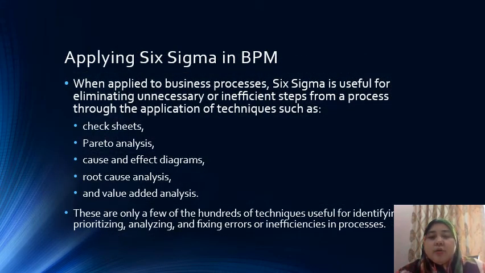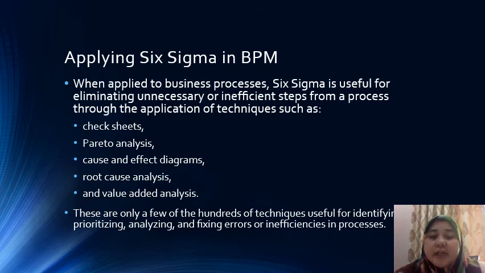Alright, so dalam Six Sigma ni kita pun ada yang kita panggil sebagai analysis. When applied, how to apply. So when to apply Six Sigma in the business process, in order for us to eliminate ataupun buang waste or defect processes, unnecessary or inefficient steps from a business process.